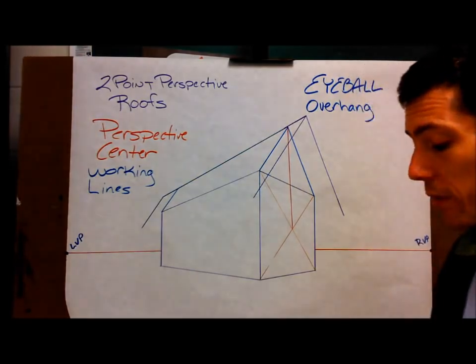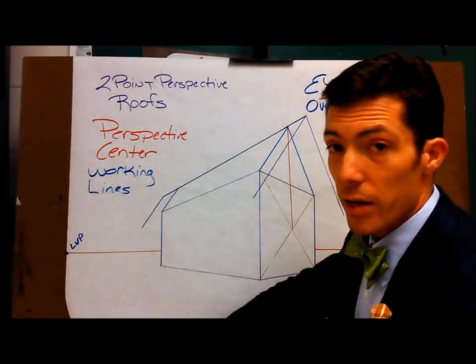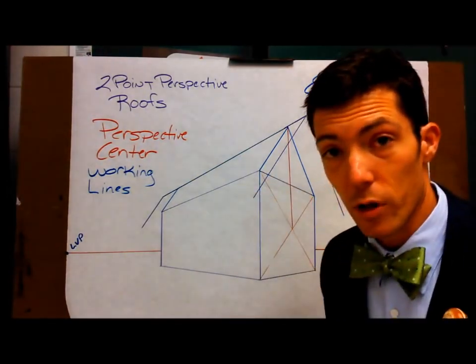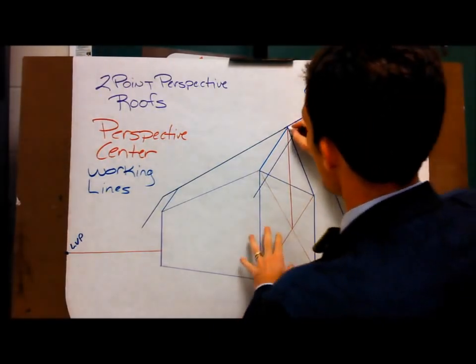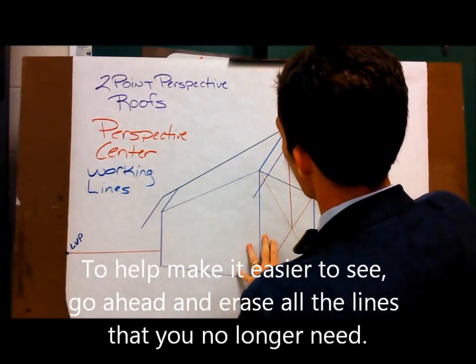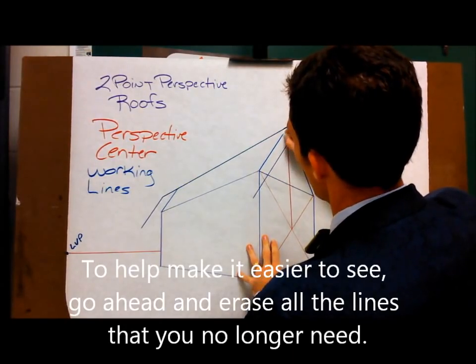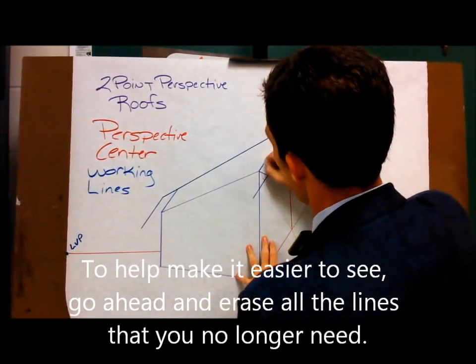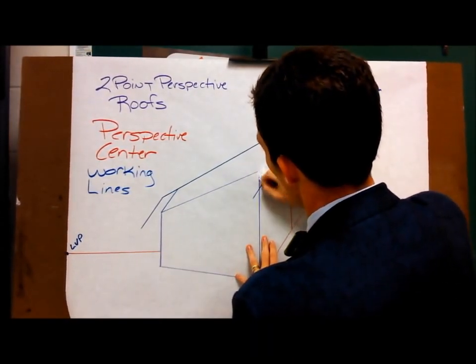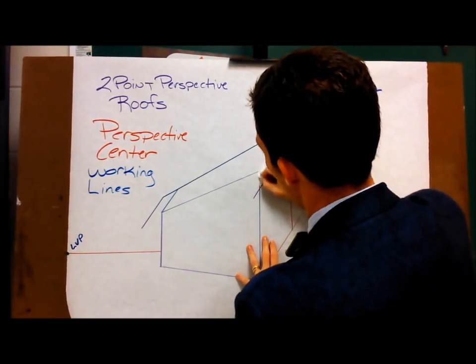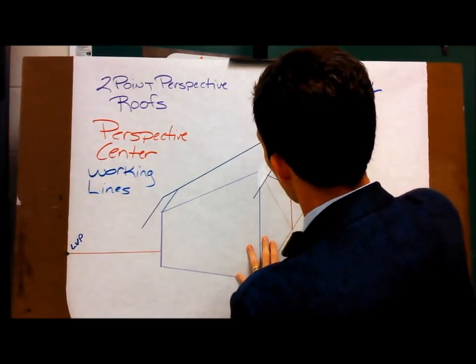At this point I can take my eraser, because I'm using markers, and erase some of these lines that aren't necessary. If you want to go ahead and do that, go ahead right now while I am cleaning up my drawing.